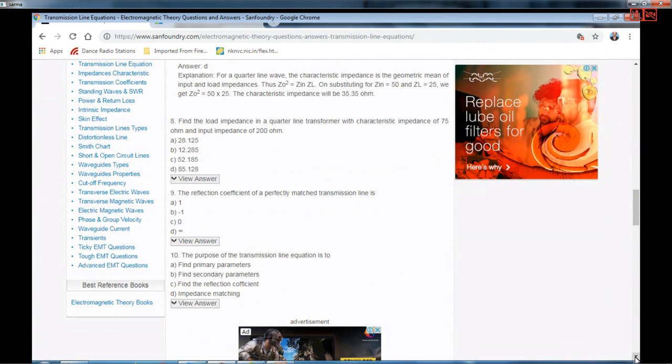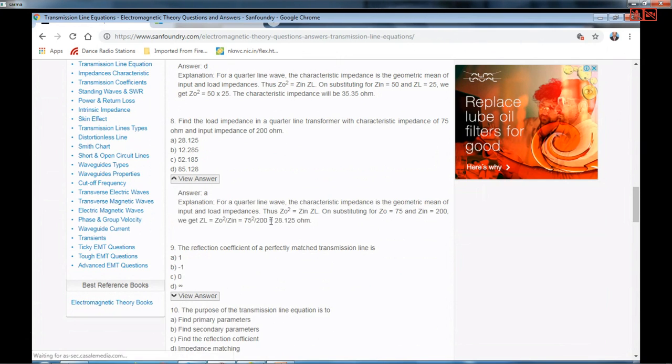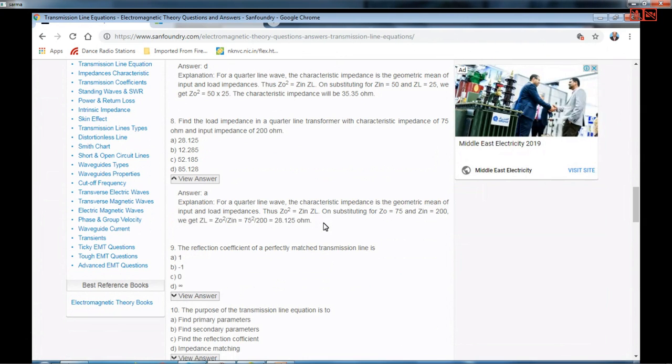So 200 times ZL must be Z0 squared, that is 75 squared. So ZL, the load impedance, must be 75 squared by 200. Whatever value it comes, we should be able to take it. You see here 75 squared by 200 comes out as 28.125 ohms.